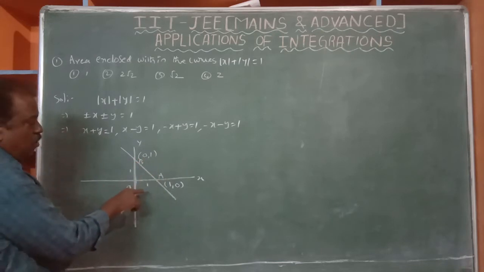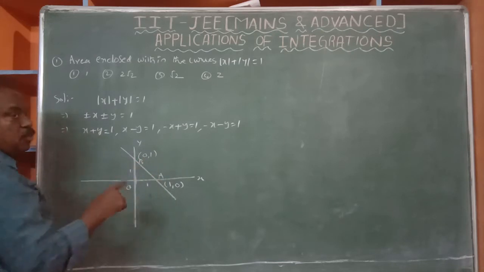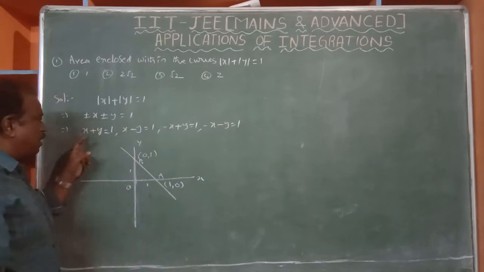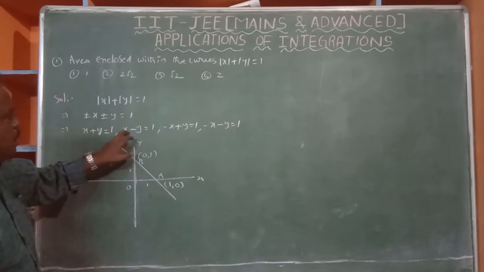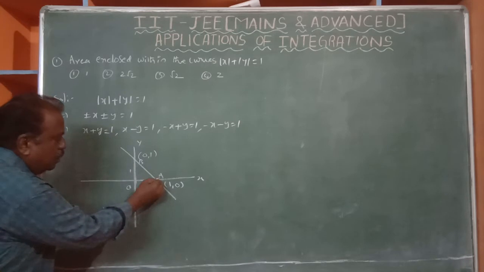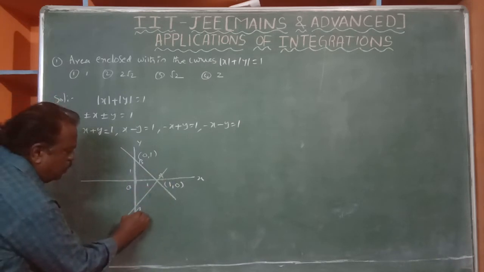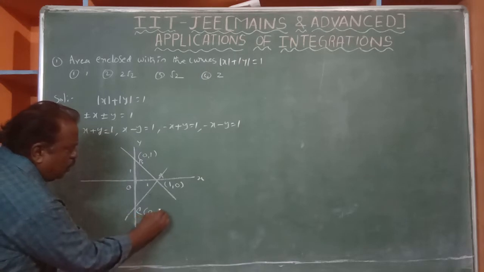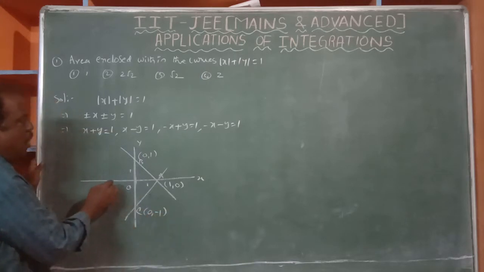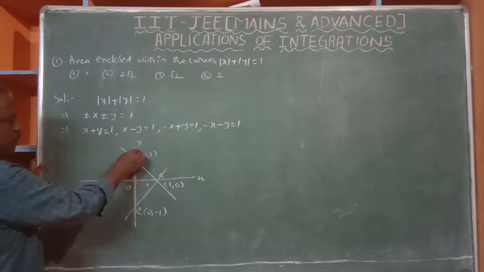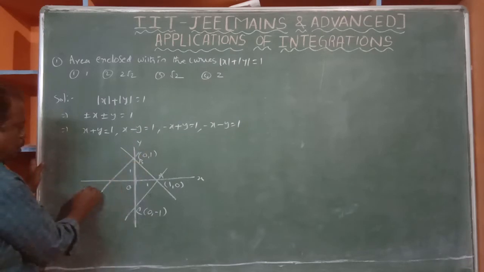OA is 1 unit, OB is 1 unit. x by a plus y by b is equal to 1, just like a straight line. Again here, x minus y is equal to 1. It is like this. It is 0 comma minus 1 and minus x plus y is equal to 1.